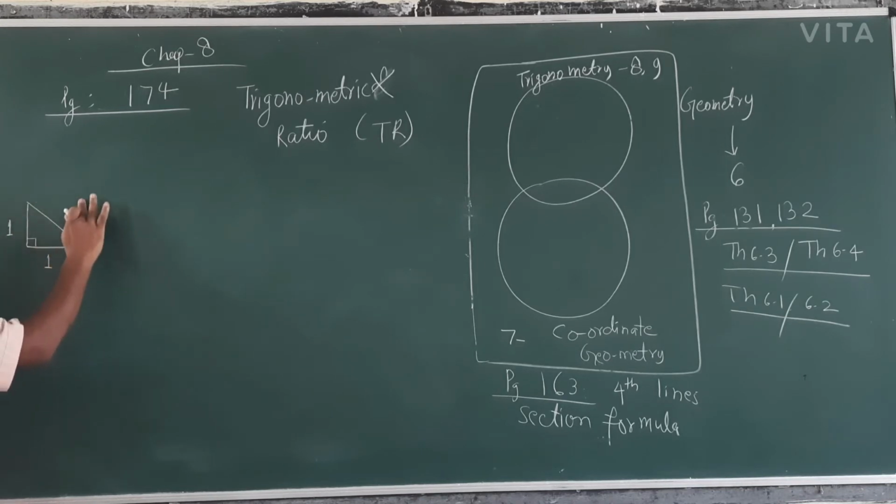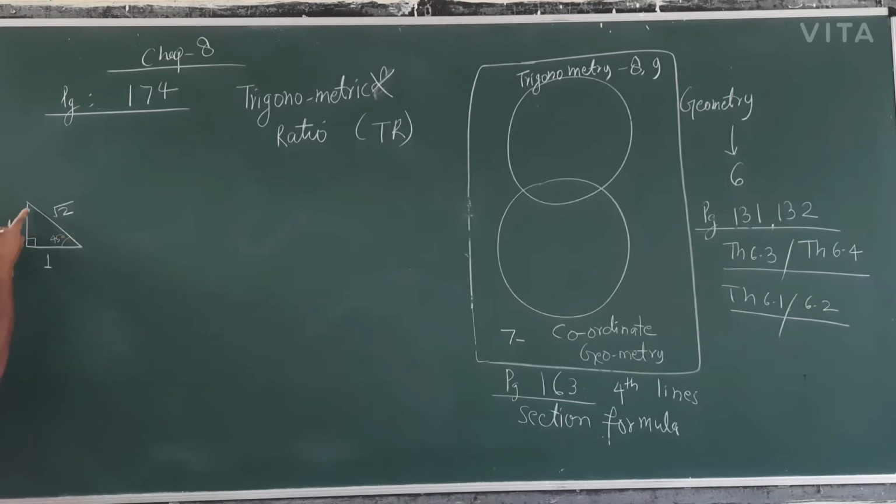With the Pythagoras theorem you can use this, and the hypotenuse will be under root 2, and this will obviously be 45 degrees, so this will also be 45 degrees. If this is a right angle triangle, only one angle is enough to tell the value of the second one. This is 45, so obviously this will be 45.